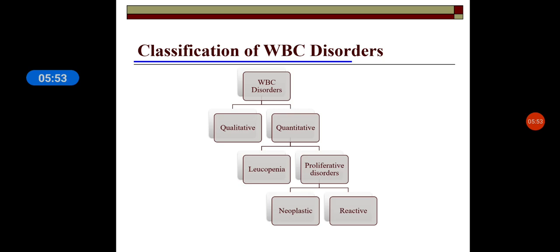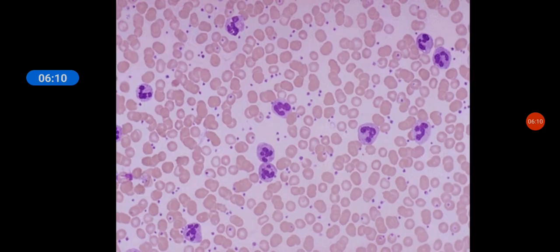So, what are the causes for an increased WBC count or leukocytosis? It can either be a reactive form or it can be neoplastic, any form of malignancy, or it can be just a reactive form. This is a peripheral smear wherein you are seeing neutrophilia.